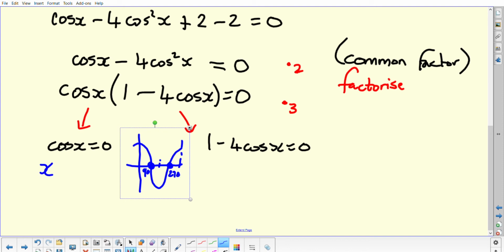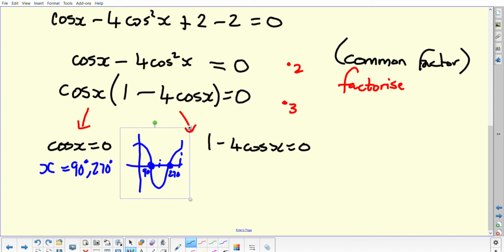So x equals 90 and 270 would be your solutions for that one.